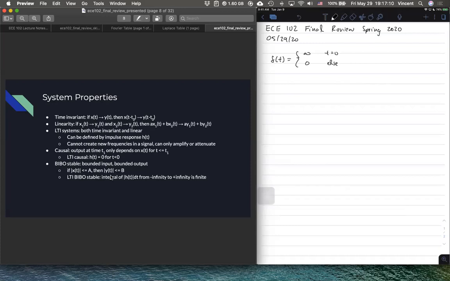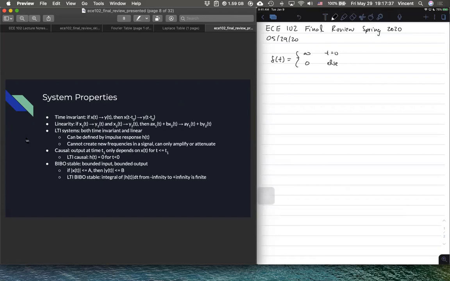Some signal system properties, like LTI. A system is time invariant if you delay a particular input by t naught and the output gets delayed by the exact same amount t naught. Linearity means you can have a superposition of two inputs and the output will be the exact same superposition.